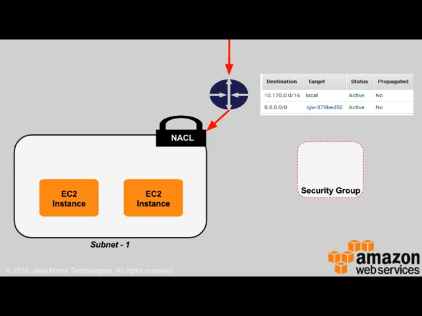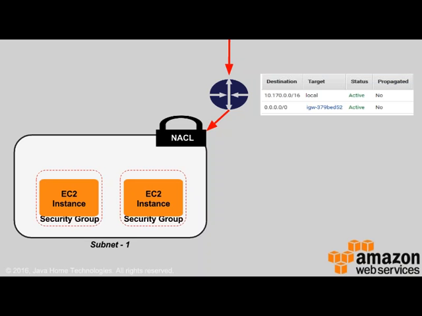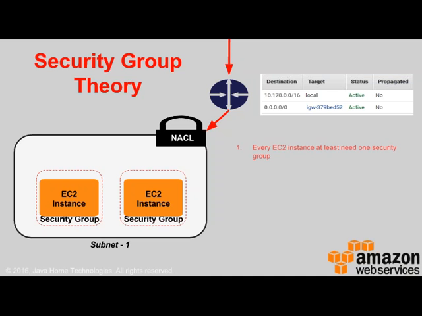If that is allowing, then the security group comes into the picture. Security group is on top of your EC2 instance. Can you see this one? NACL is at subnet. Security group is at EC2 instance.